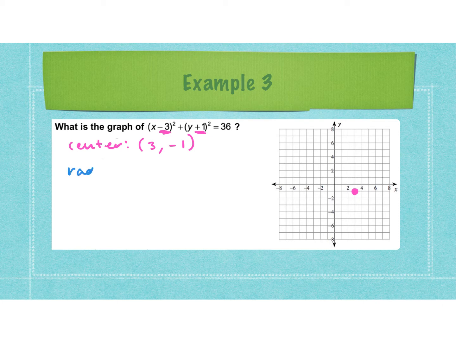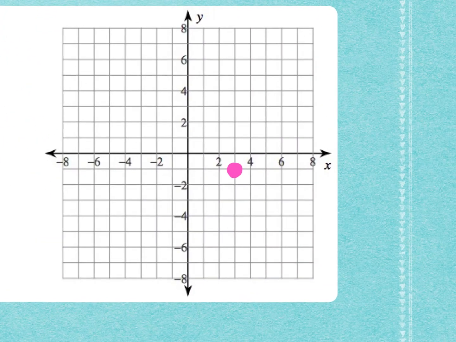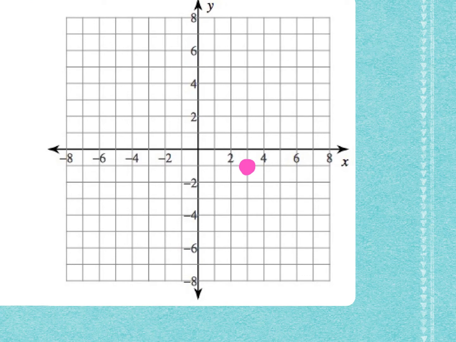Next, we need to find our radius. How do we find the radius? R squared is equal to what? Well, r squared is equal to 36. Take the square root. And what's our radius? 6. Perfect. So we're going to go 6 in every direction from our circle. We're going to go left, right, up, and down. So to the right, we go 1, 2, 3, 4, 5, 6.